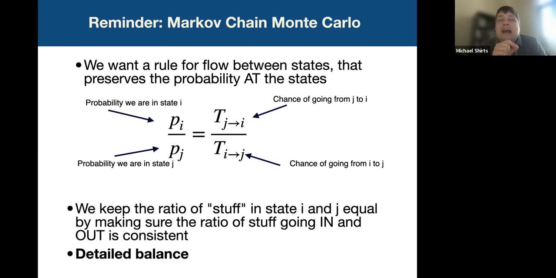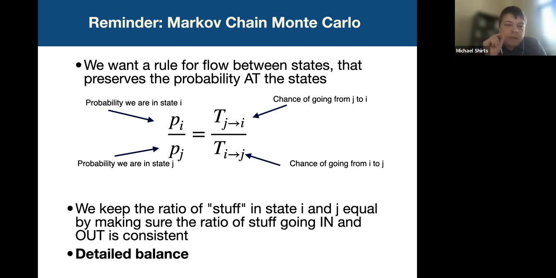Now, it turns out that you don't need to have detailed balance to get the Boltzmann distribution right. You could think of something where there's flow from I to J, but no flow back from J to I. You go from I to J, then from J to K, and from K back to I. And if you're very, very clever, you can figure out a way for that to work and still get the Boltzmann distribution out.